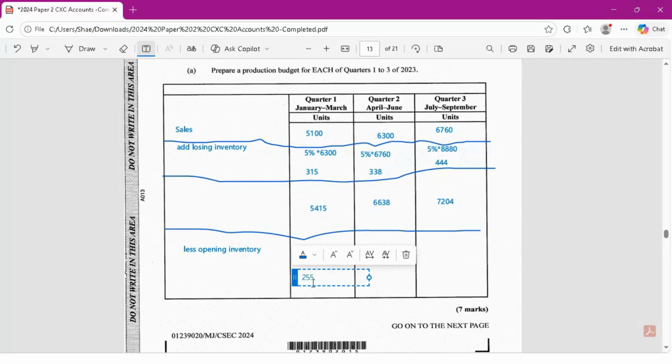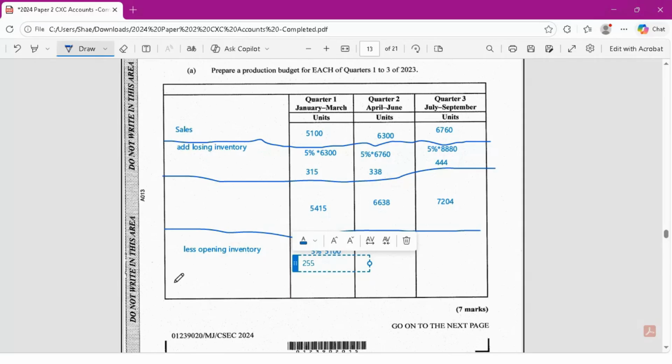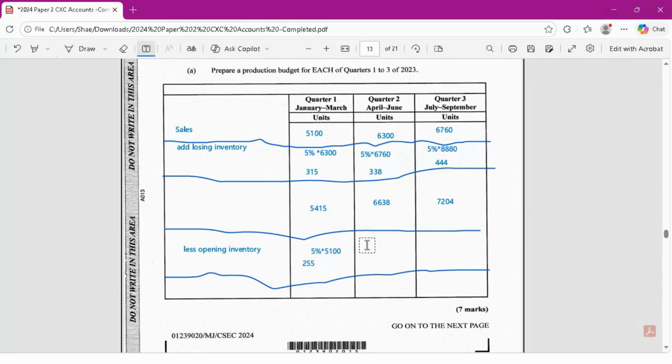Let's put this up a little more so that we can draw another line. All right.